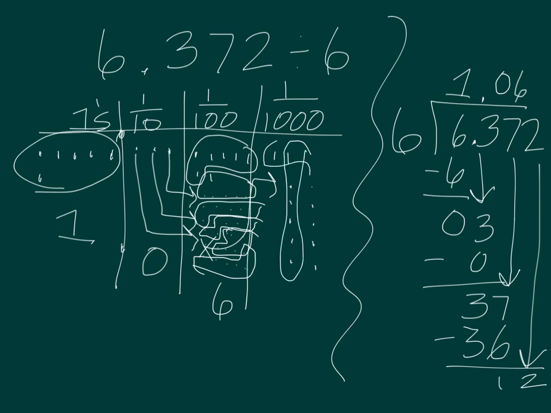Oh, and this one over here makes 2 groups of 6. Okay, is 12. So down on the bottom here, it was 12. If I take 12 away, I have nothing left. So my answer is 1 and 62 thousandths.